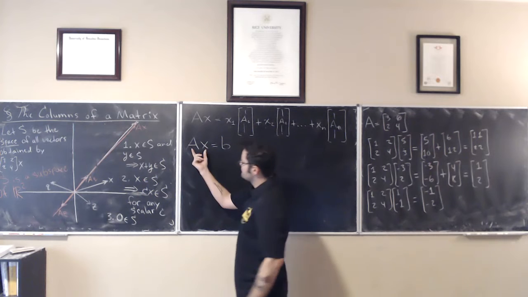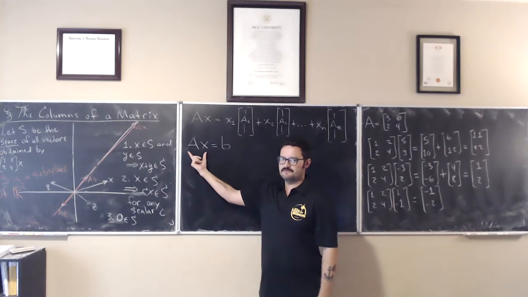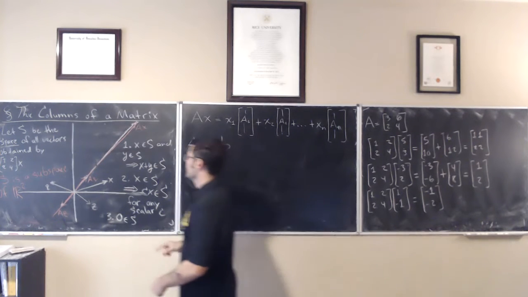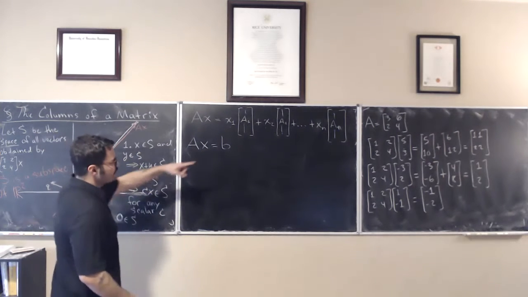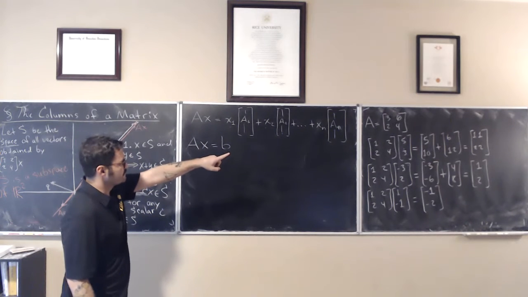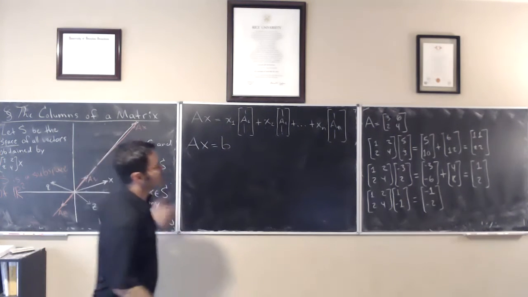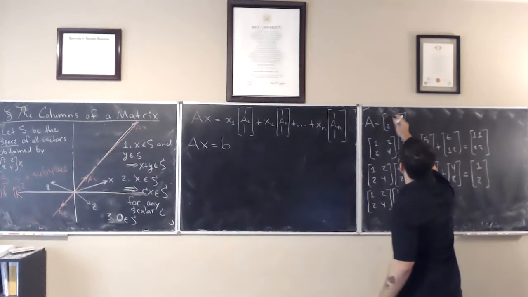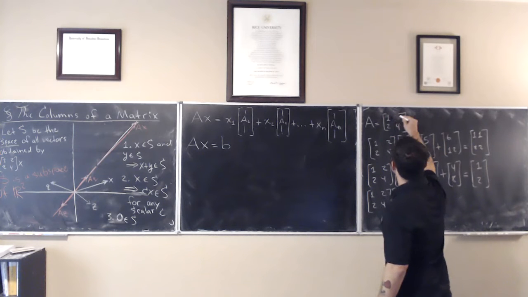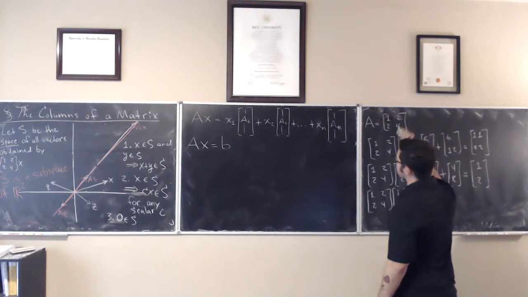So the space of all possibilities here, if A was one of these matrices like 3, 6, 2, 4, or the one I had before, what was it, 2, right?